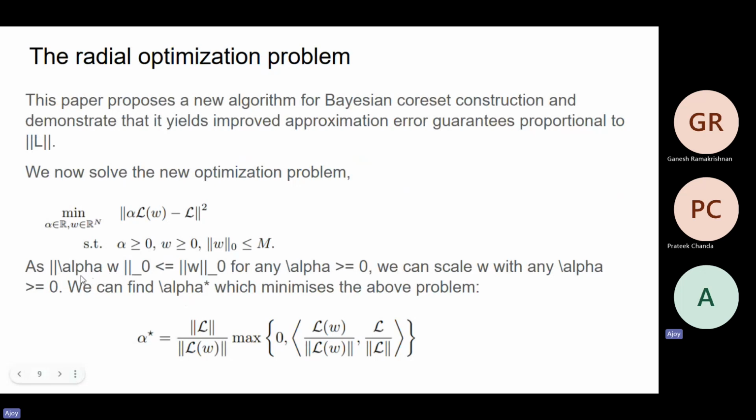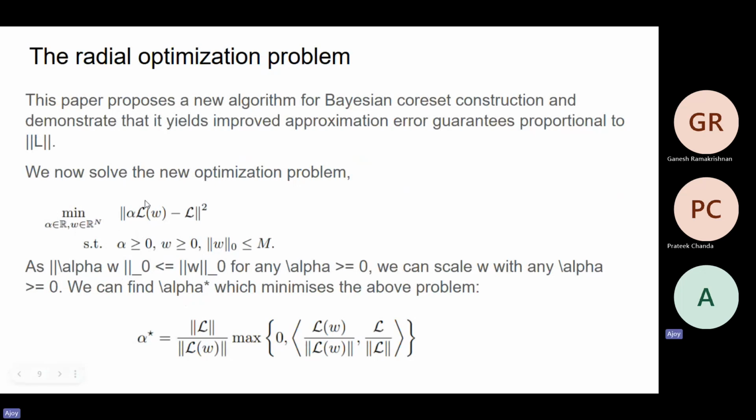That is, the zero norm of alpha w will always be less than or equal to the zero norm of w, because alpha is greater than or equal to 0. Hence we will scale the w vector with alpha, and propose a new optimization problem in which we minimize the norm of alpha L w minus L with respect to alpha and w.